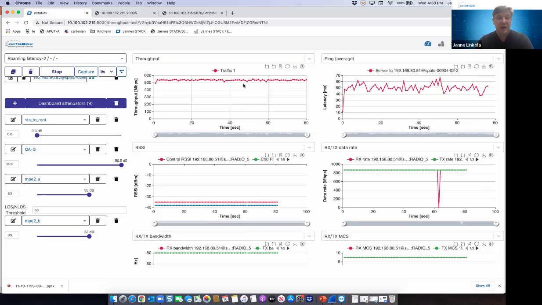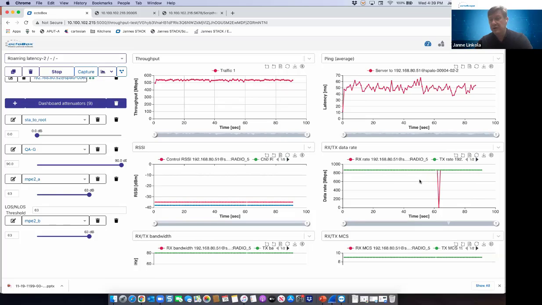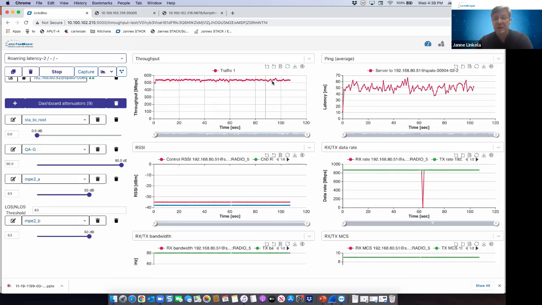The ones that we want to look at are throughput here, the RSSI as seen by the StayPal here, the ping latency as we observe it, as well as the PHY rate between the StayPal and whatever access point or node it's connected to. As you can see, the throughput through the root node is about 550 megabits per second. And we're seeing about a 50 millisecond latency here.